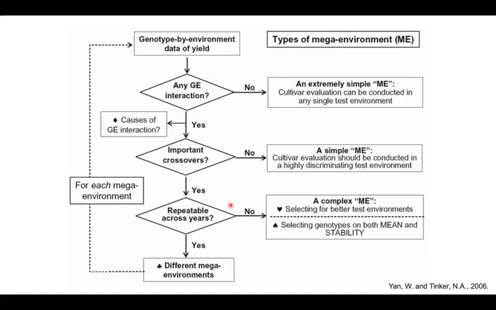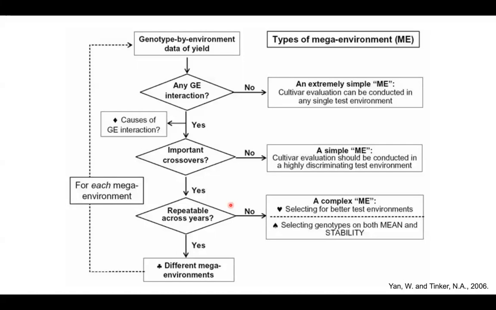to see if the best performer hybrid is the best performer across all the environments. If that's the case, we're looking at an ideal hybrid or an ideal line, and that would be awesome. We could just release that genotype and be done with it. But sometimes we see that the second best actually performs relatively well and is stable across environments.